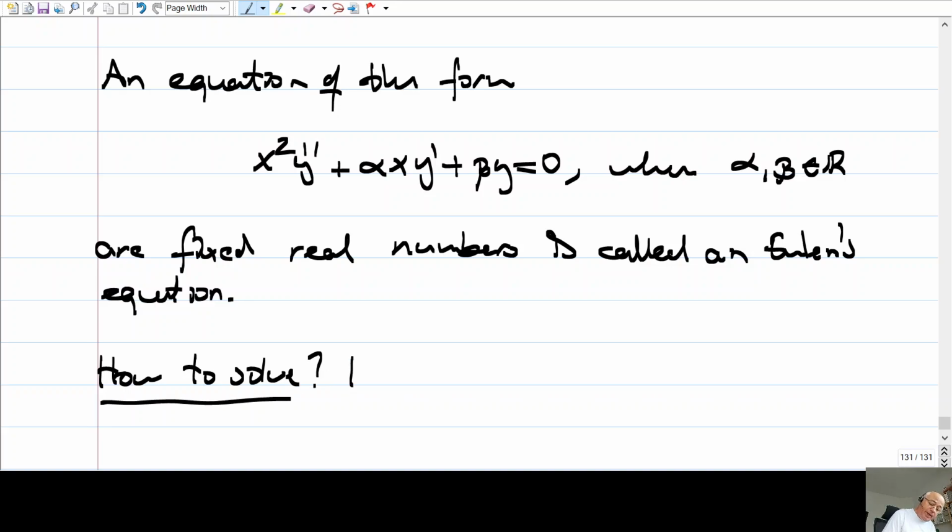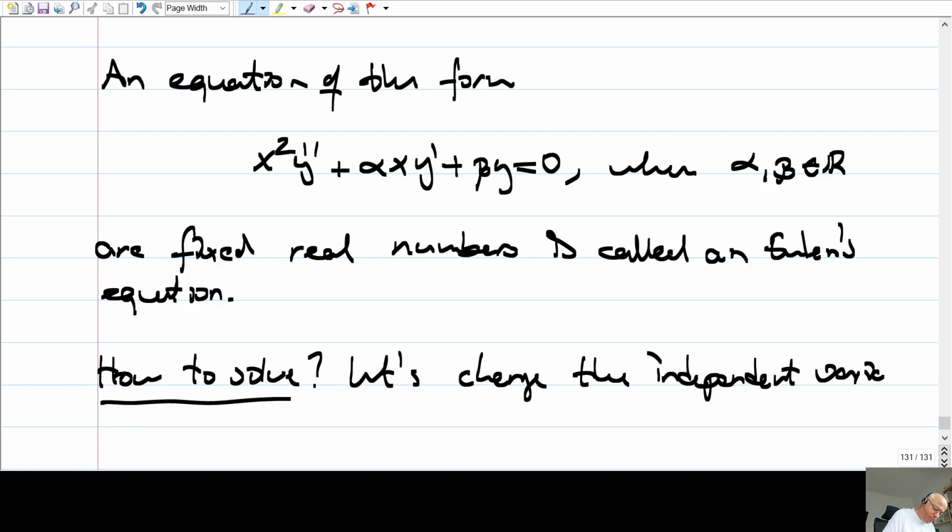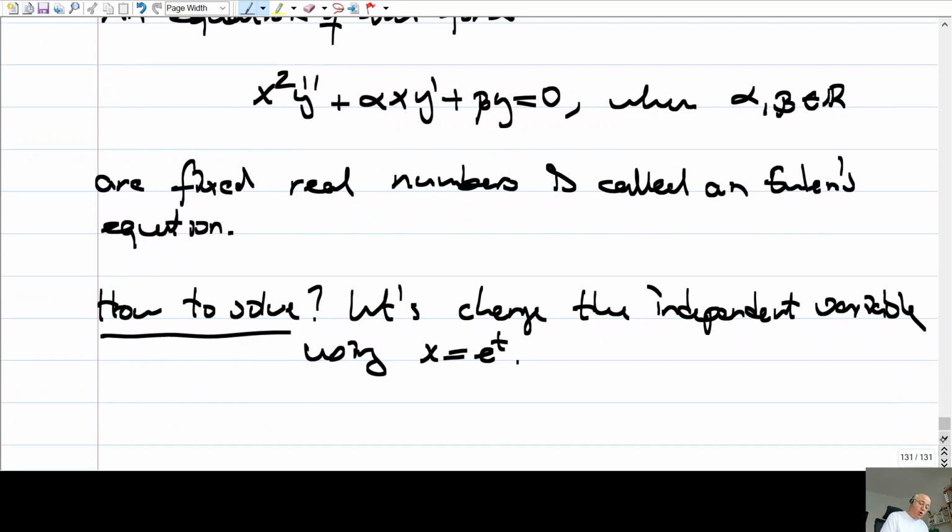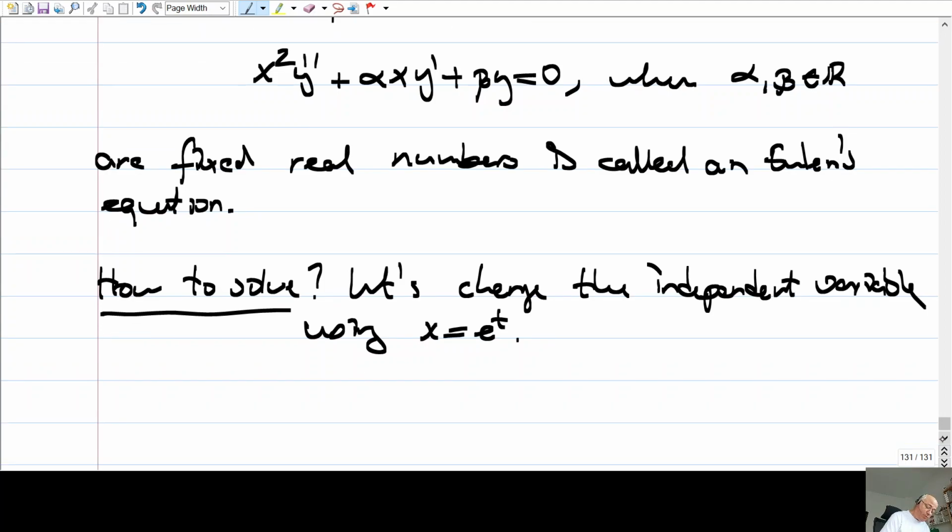Well, let's change the independent variable using x equals e to the power t.